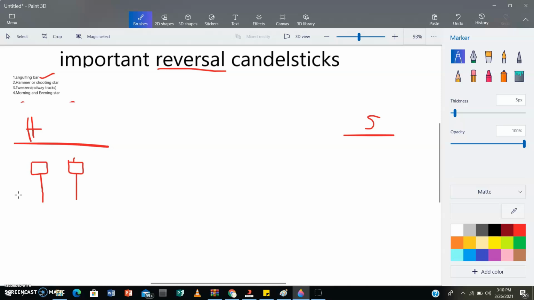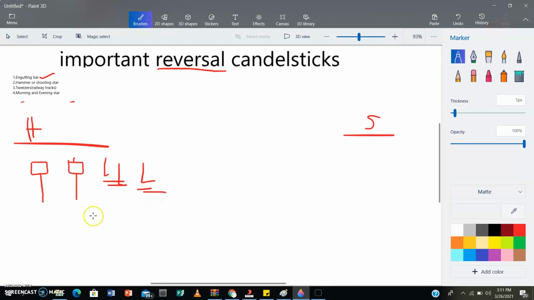You expect this type of candlestick pattern to occur at the bottom of a downtrend, at the lows. So remember the lows, the lower lows, or just the lows themselves, right? Why?